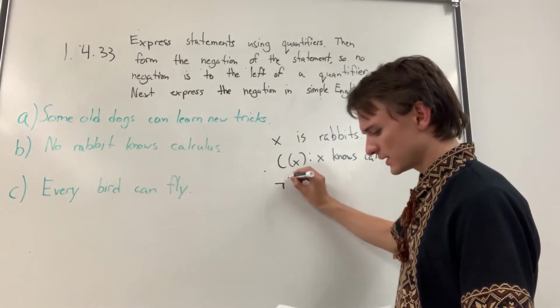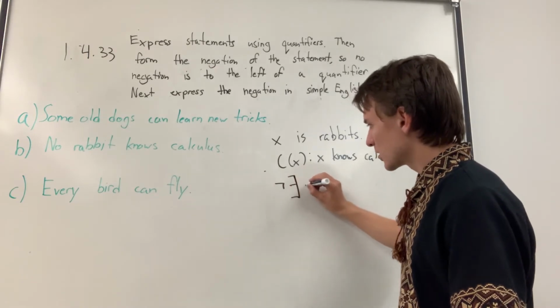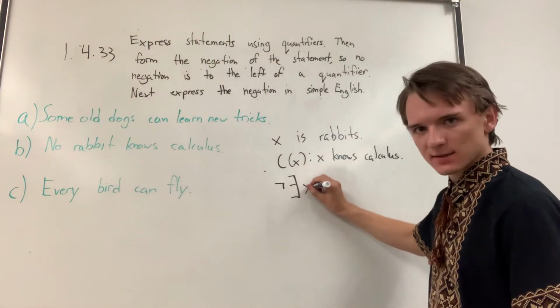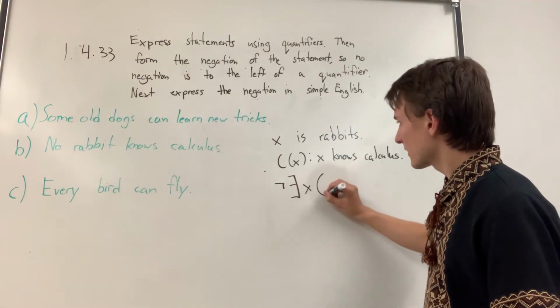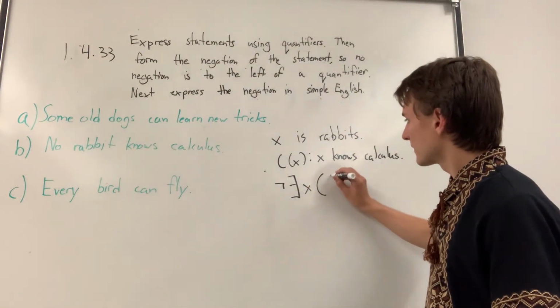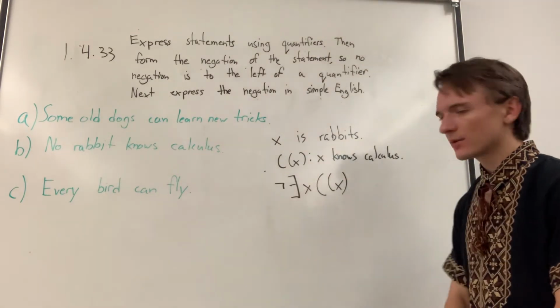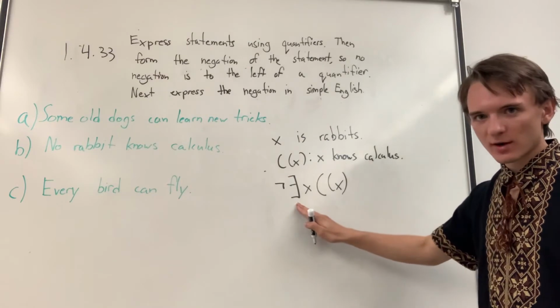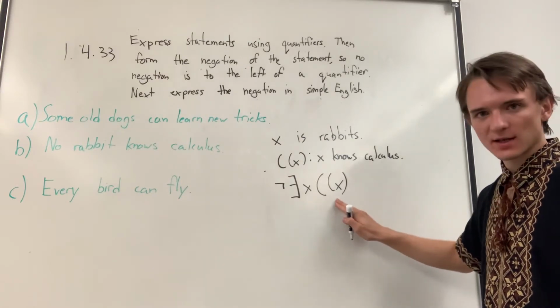Our original statement reads, the negation of there exists a rabbit such that that rabbit knows calculus. The negation of the existential quantifier of x, C of x.